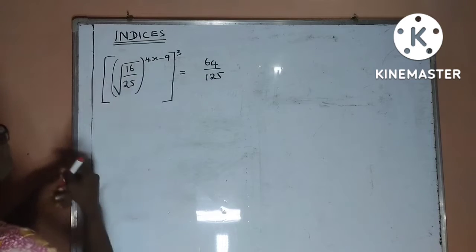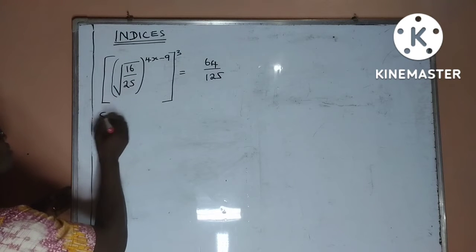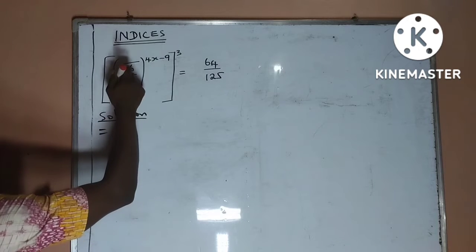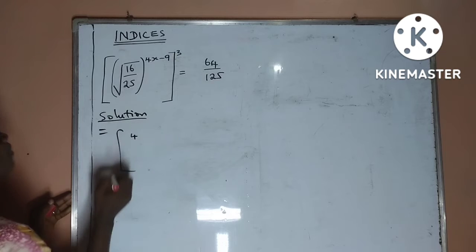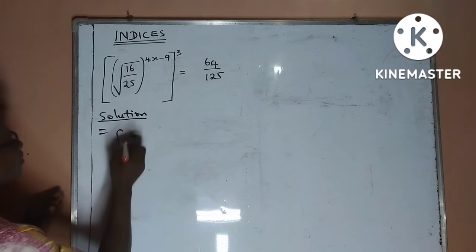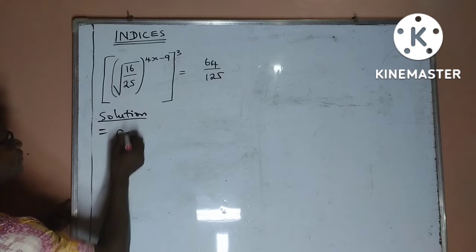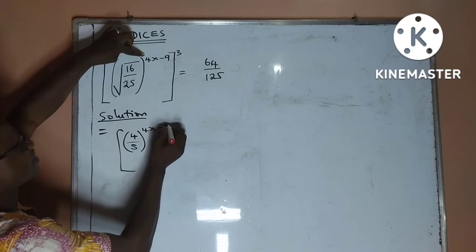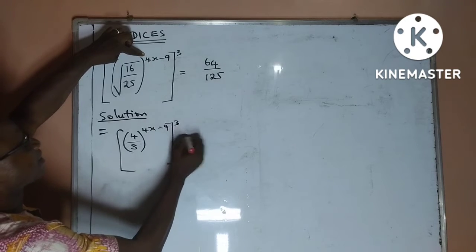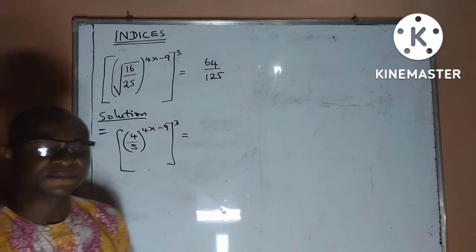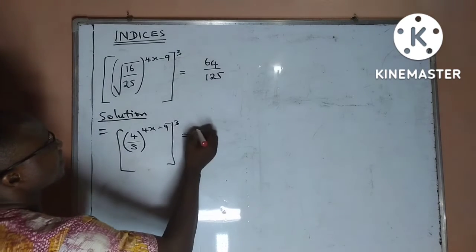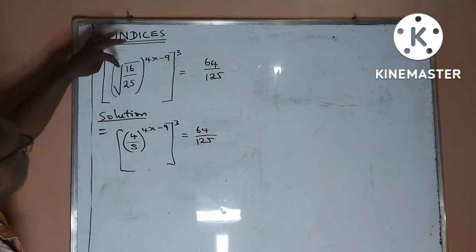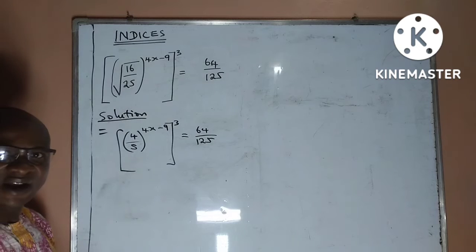Therefore, from the inside, I will now have (4/5) raised to the power 4x minus 9, everything raised to the power 3, equal to 64 over 125. I have done the first step, and that is simply finding the square root of 16 over 25.